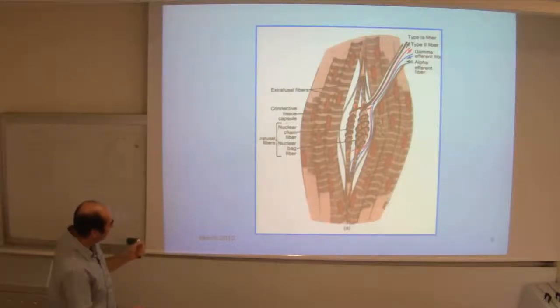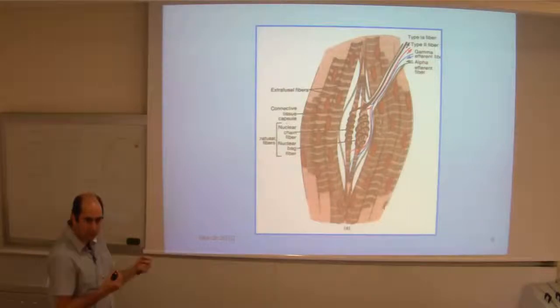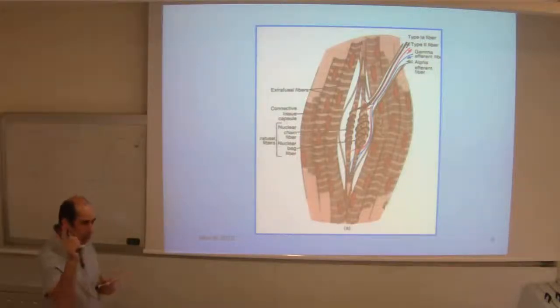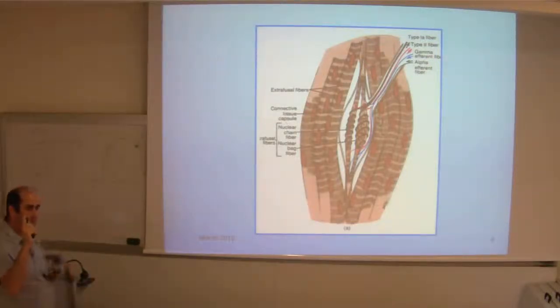Then this loop will be stretched, and these stretch receptors will be open. They will carry in sodium ions, and they will depolarize the fiber, and the fiber will spike, and this spike will go back to the spinal cord.